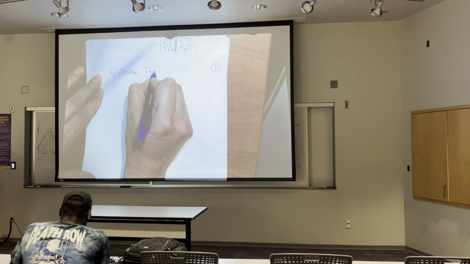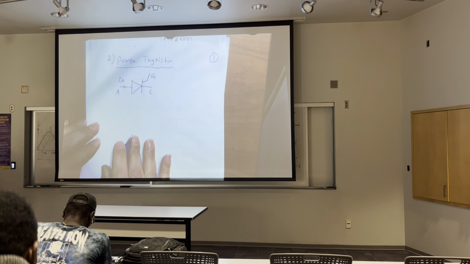This is the anode, this is the cathode. The current will flow from anode to cathode, IA.